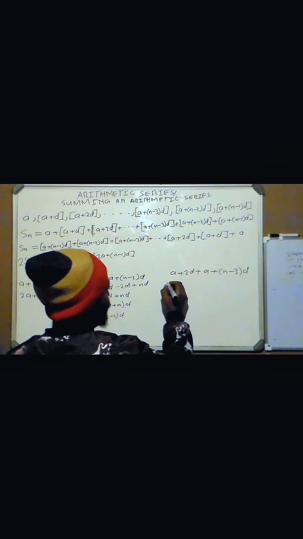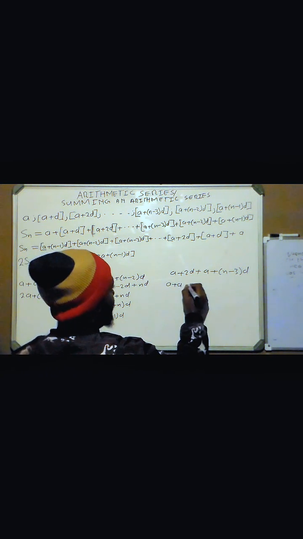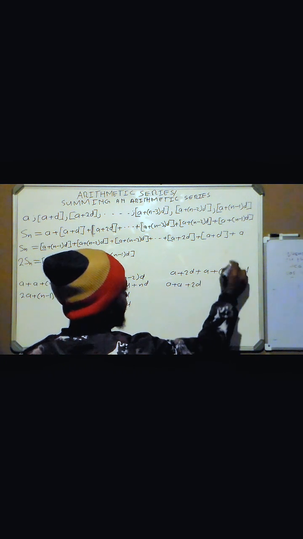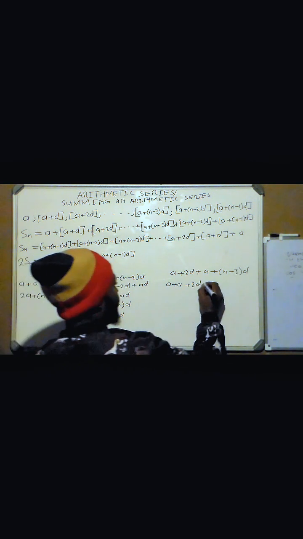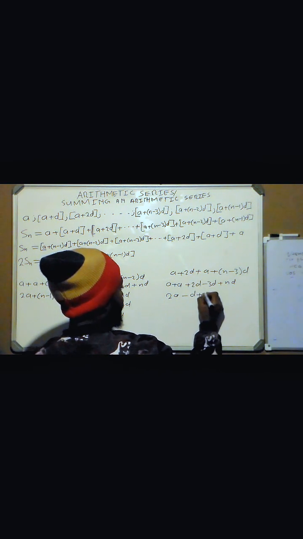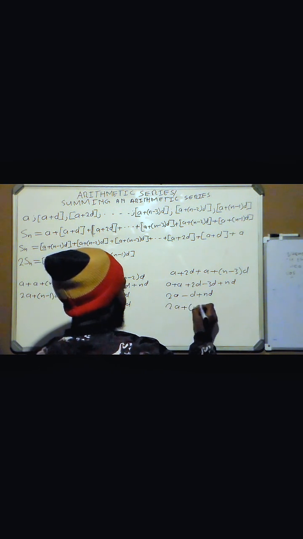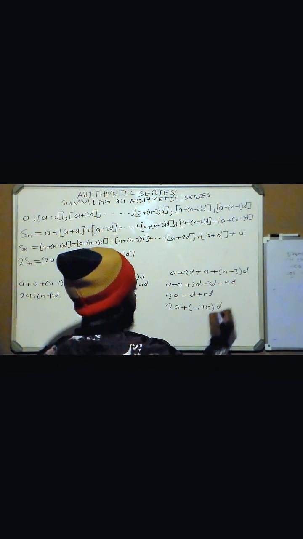So we collect the like terms again. We'd have a plus 2d, distribute the d inside the bracket. We have negative 3d plus nd. A plus a, we get 2a, 2d minus 3d, we get a negative d plus nd, right? So we have 2a plus minus d plus nd.